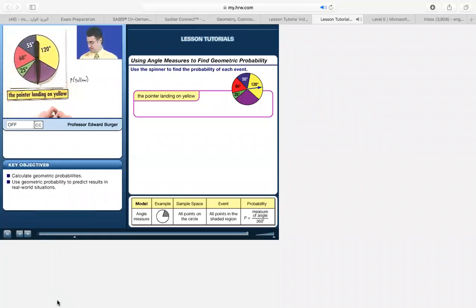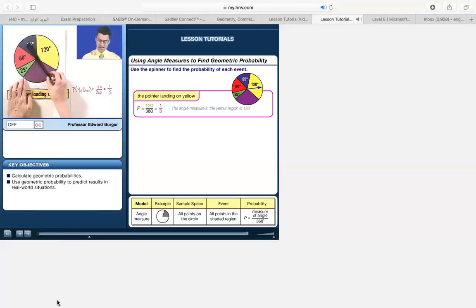Wow, I should really be using a yellow marker, shouldn't I? Sorry. Probability of yellow equals, well, 120 out of the 360 equally likely possibilities, which is 1/3. And that kind of looks like a third of a pie, doesn't it? So that means that if we do this again and again, we would guess that about a third of the time we would be in yellow.